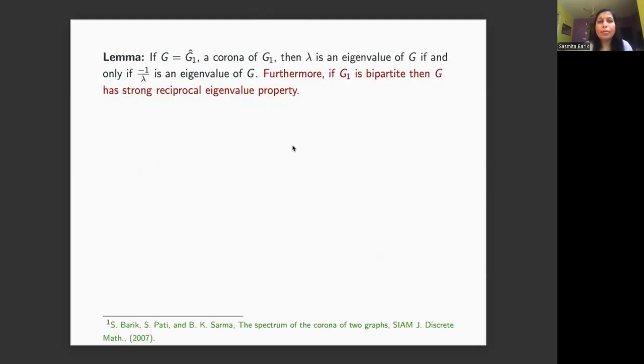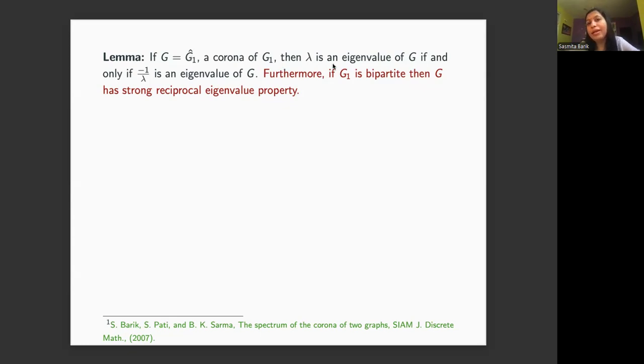So when we move to characterize the graphs with the reciprocal eigenvalue property, this is the first result that we got, and it is a more general result, giving a large class of graphs which satisfy property SR. Take a graph and make its corona, that is, add pendants to every vertex.